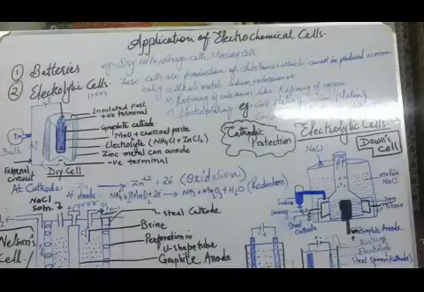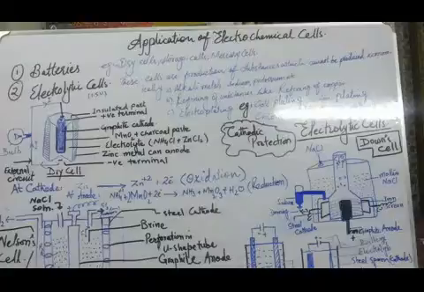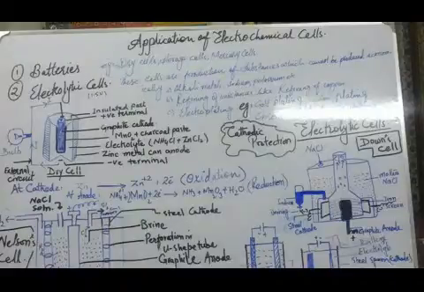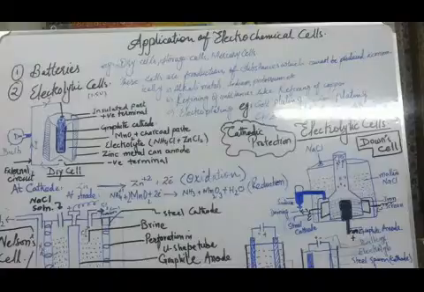Here, the anode is in the center, which is connected to the positive terminal of the battery, whereas the cathode is a U-shaped tube that has perforations.